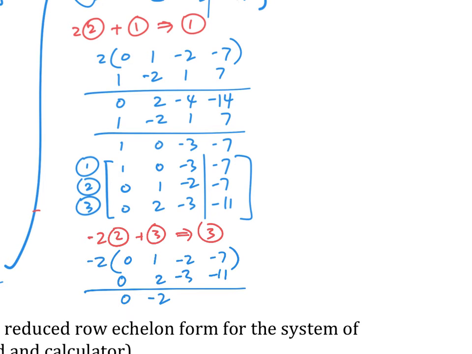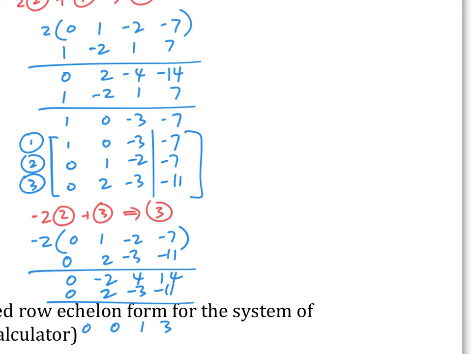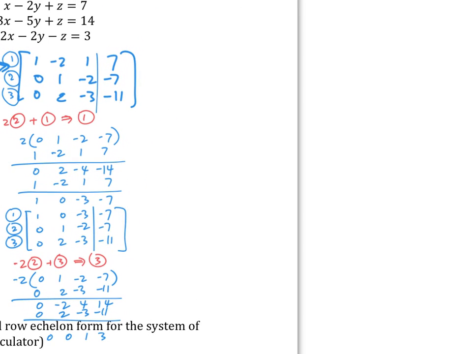Running out of space again. Okay. 0, 0, 1, 3. Ooh, that's good. We solved our first number.